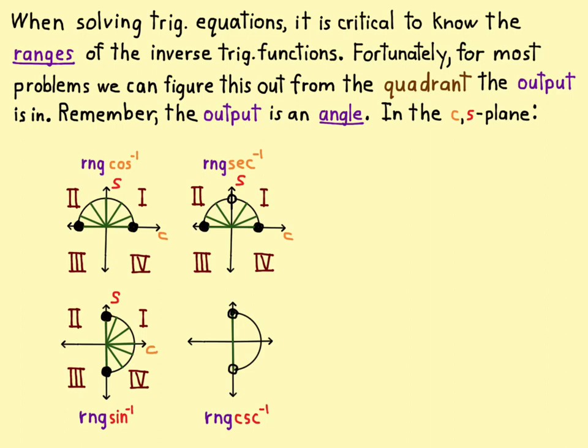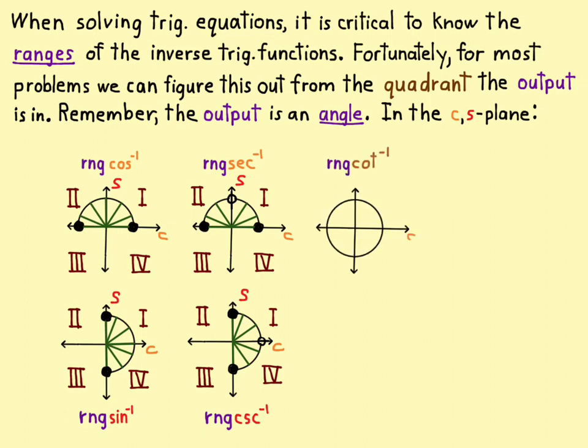The range for cosecant, remember, cosecant is 1 over sine. Range for cosecant is just like the range for sine, except that you're missing a point on the c-axis there. So this is just a way to remember these, to memorize them.